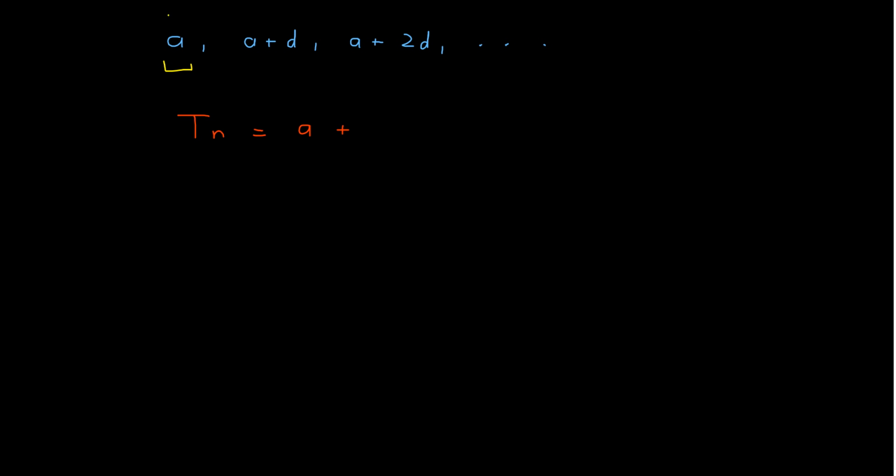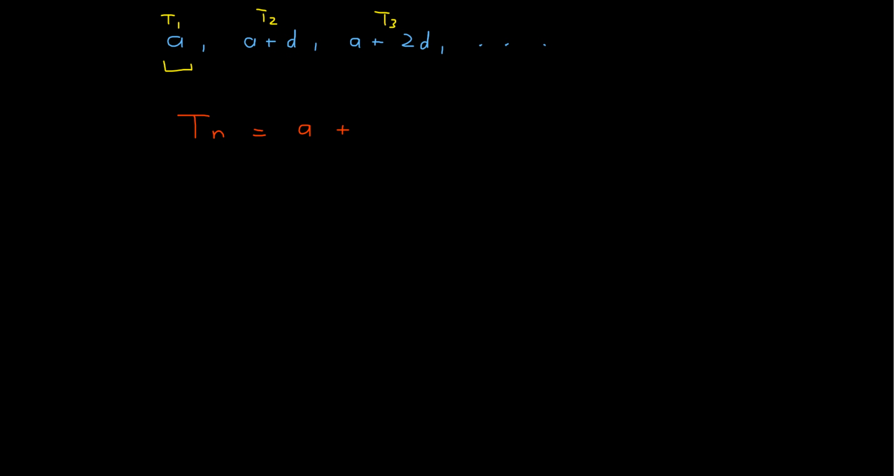This is t of 1 here, this is t of 2, and this is t of 3. And notice that t of 1 doesn't have anything added onto it, t of 2 has 1d added on, t of 3 has 2d added on, and so on.